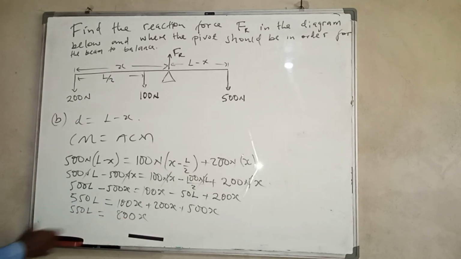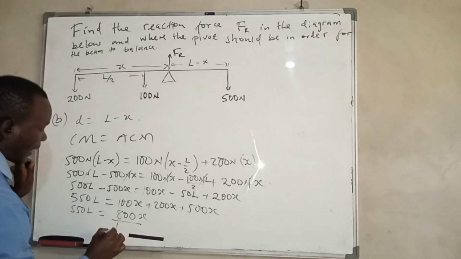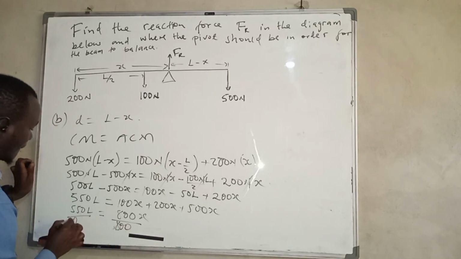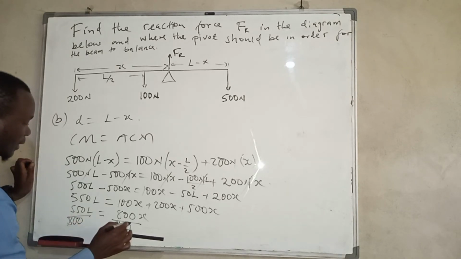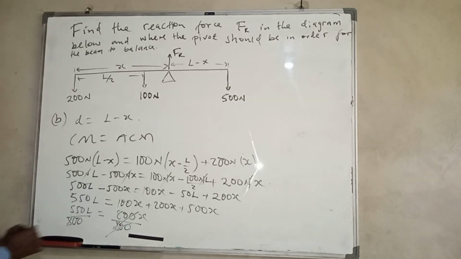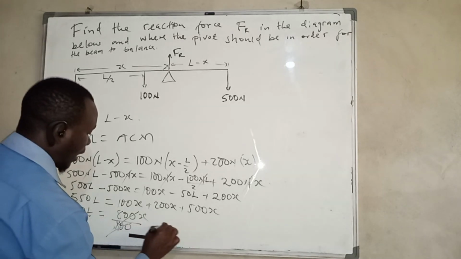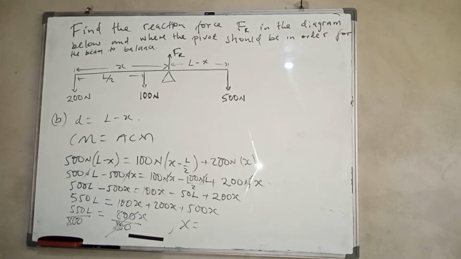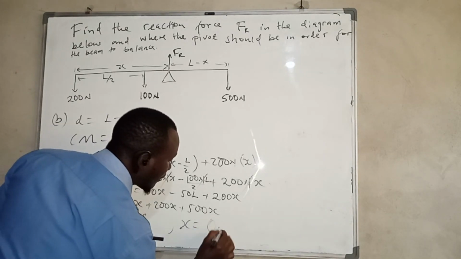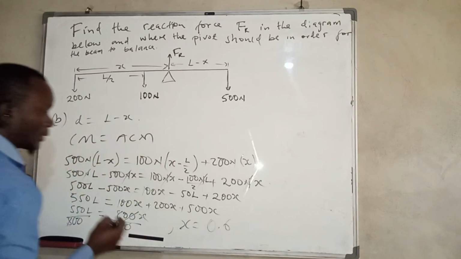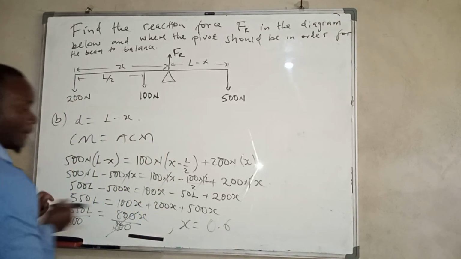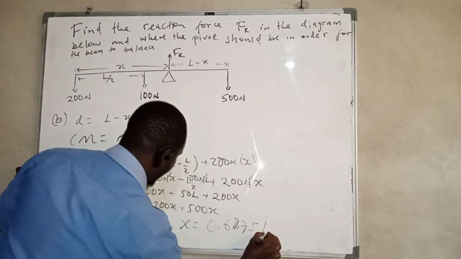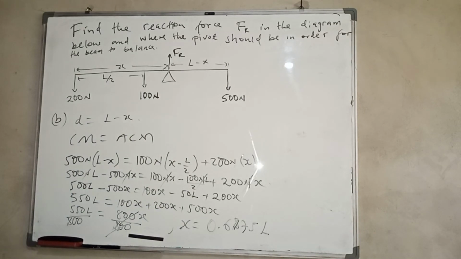If we want to remain with X only, we can divide here by 800, also here by 800, and this will cancel. What we're going to have is X equal to 550 over 800, which is 0.6875 L.